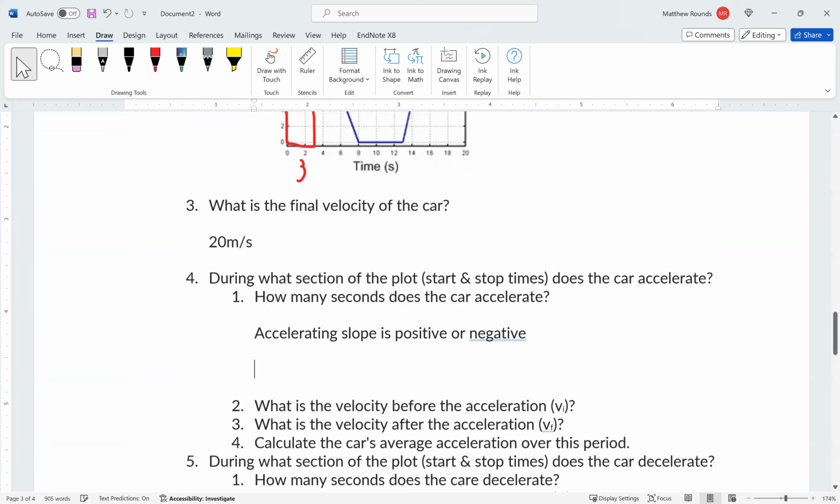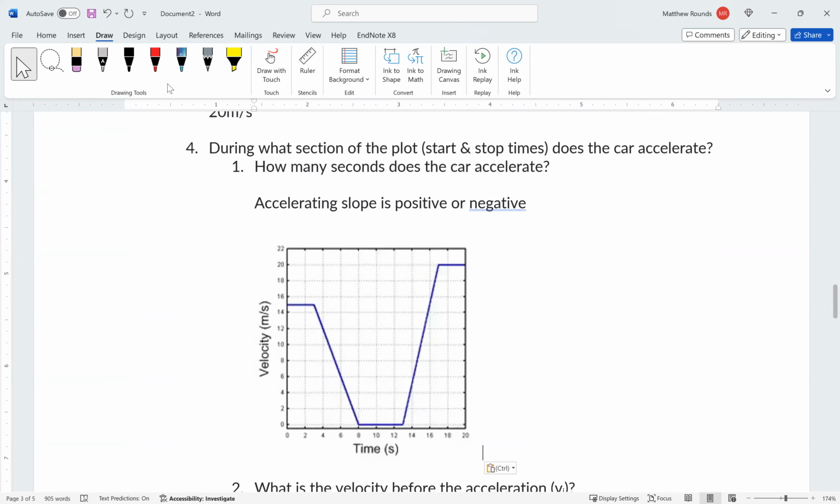Positive slope goes up and to the right, negative slope goes down and to the right. Is the slope here positive or negative? Neither, it's neutral. Good. So there is no slope there.